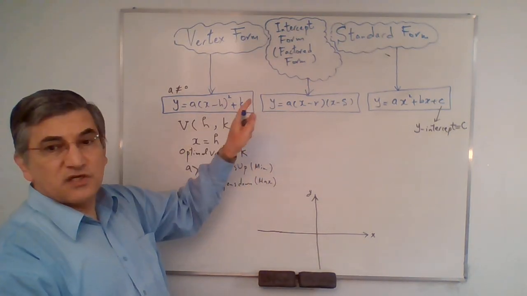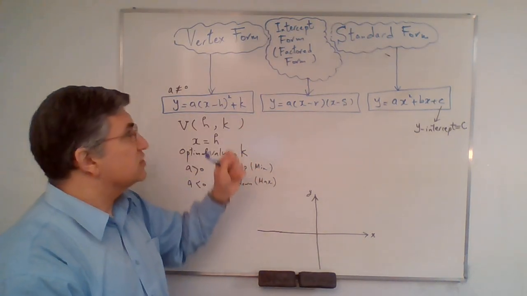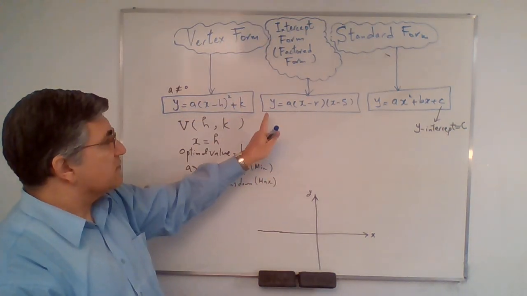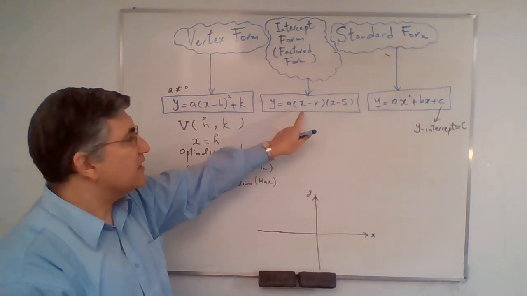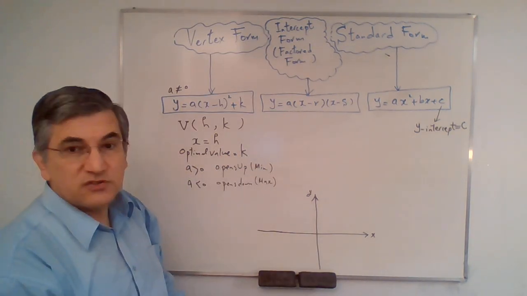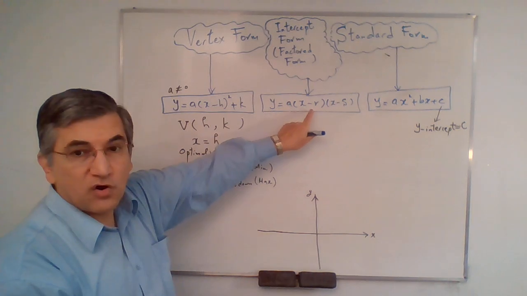Now, believe it or not, there is a third form of a quadratic relation. It's called intercept form or factored form. This form is y equals a times x minus r times x minus s. Right now, you are probably scratching your head thinking what stands for r and what stands for s.